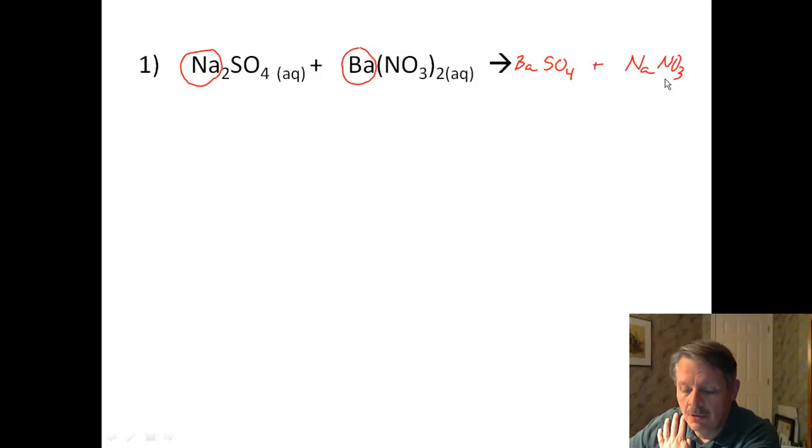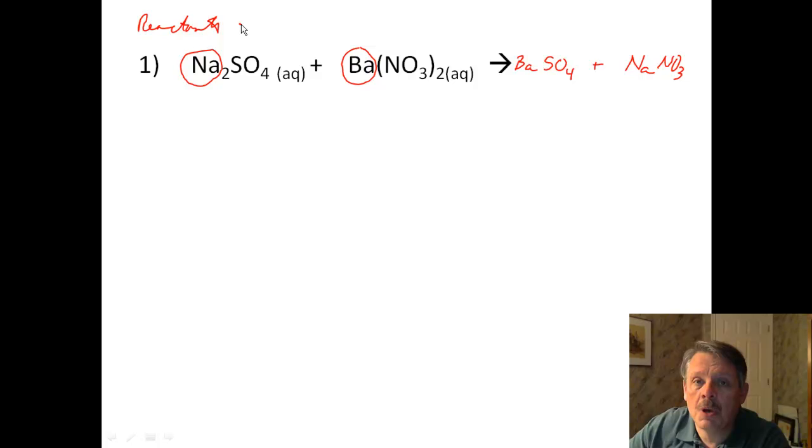So we have to look for each of these four things on our solubility table. The first is sodium sulfate. Remember that your reactants must both be aqueous, and your products can only have one aqueous, and the other has to be solid or liquid or gas on the right.